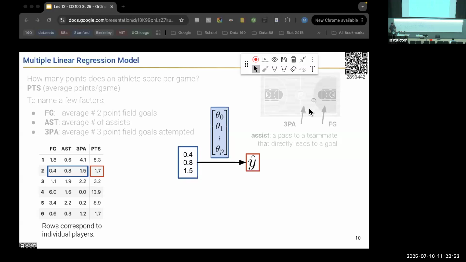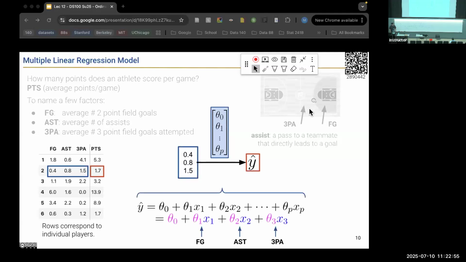So to generate the prediction, what I'm going to do is compute a linear combination of my parameters. In this case, I have 4 parameters: 1 intercept plus 3 thetas, 1 for each feature I use. So I'm going to have a total of 4 parameters. I'm going to compute a linear combination of them, so theta naught plus theta 1 x1.